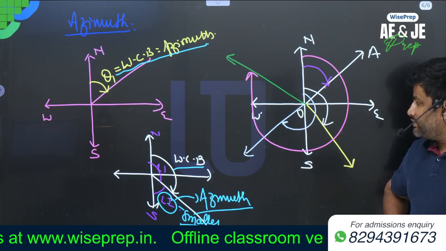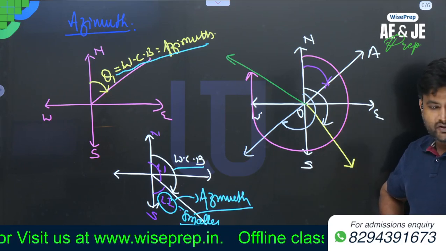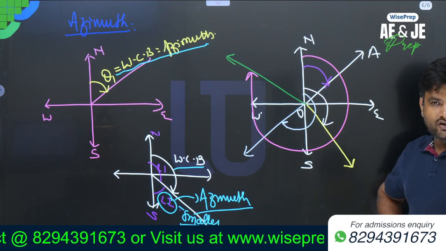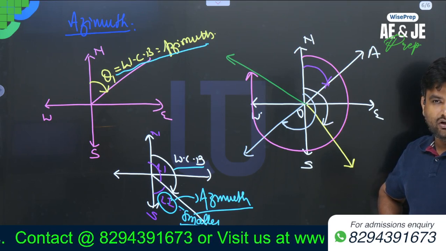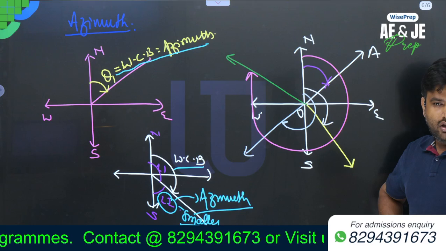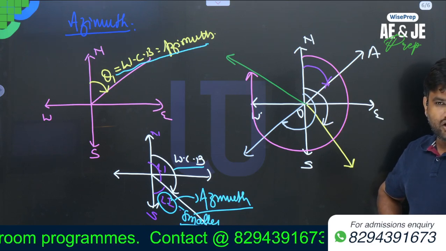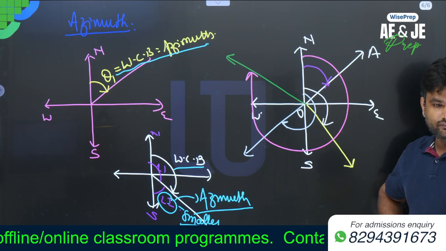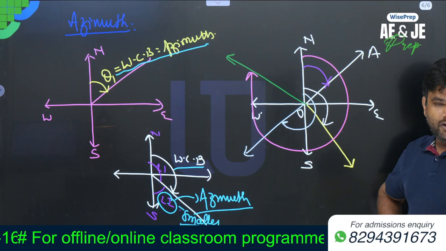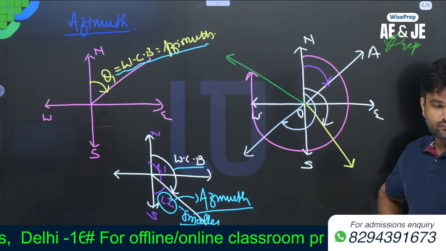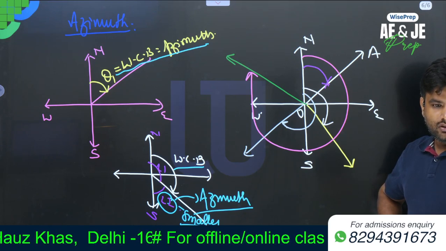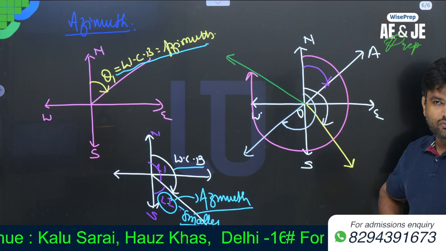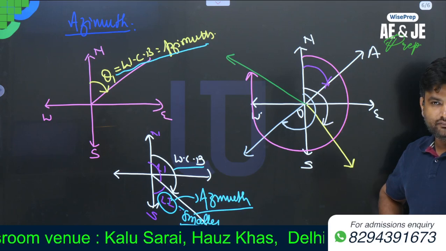Second point: azimuth does not specify the direction of measuring the angle between the true meridian and the survey line.